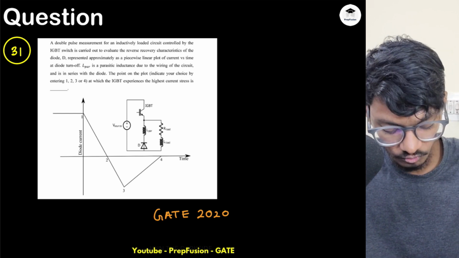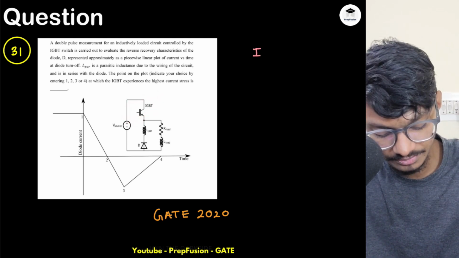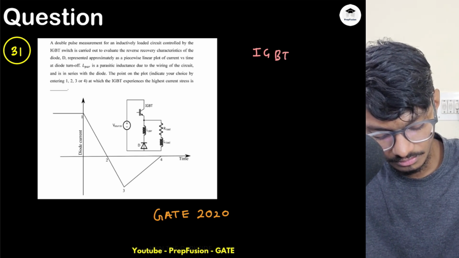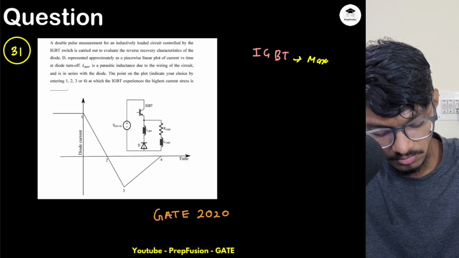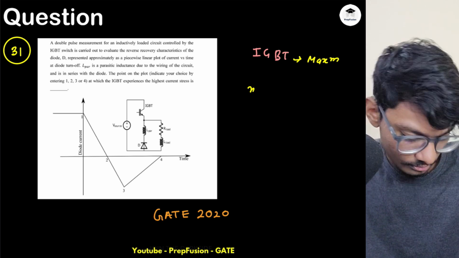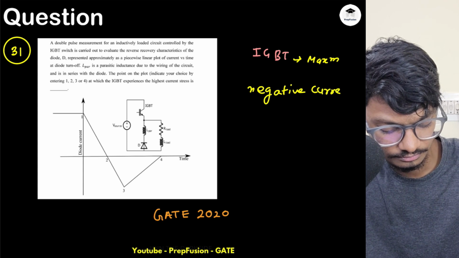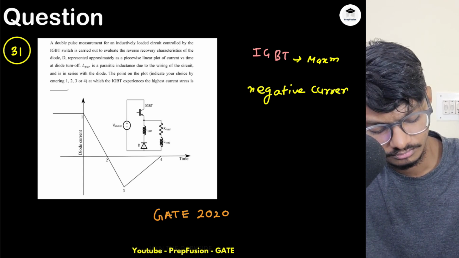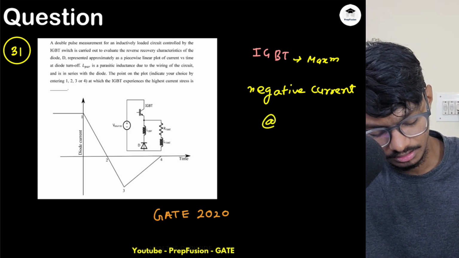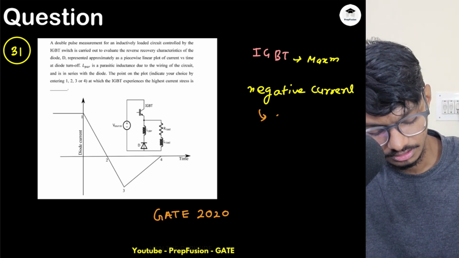There isn't any theoretical numerical thing here. Just when the IGBT is receiving maximum negative current, it gets high stress.